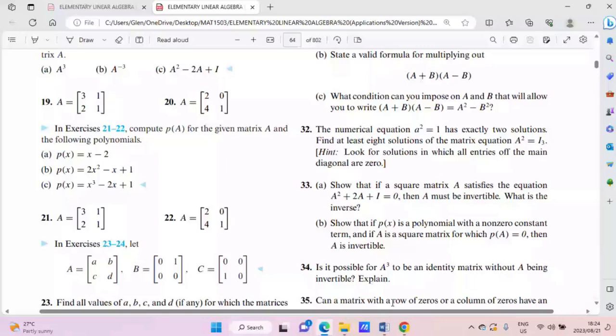Okay, sir. So on P of X, which equals 2x squared minus x plus 1, I substituted A, which led to 2, that big value for A squared, and for X I put 2041. Then for the 1, because it's a constant, I put 1001.